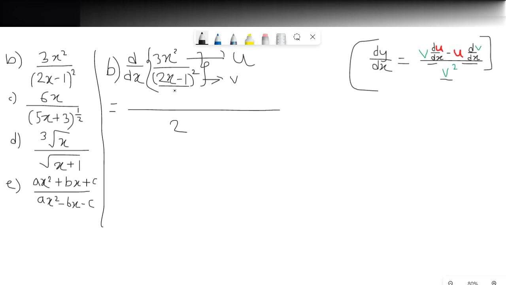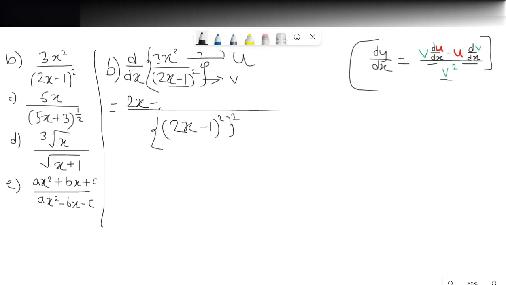Since 2x minus 1 whole square is the v, the v squared will be 2x minus 1 whole square with another whole square. So make sure you don't make that mistake.